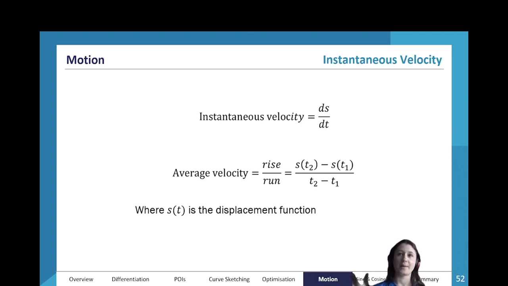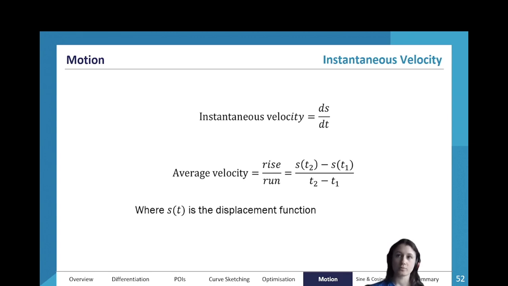You maybe slow down a little bit in the middle, and then right at the end, you go as hard as you can. You go as fast as you can, because you're expending the last of your energy. So your instantaneous velocity is changing over that time. You're going faster to begin with, slowing down a little bit in the middle, and then going as fast as you possibly can right at the finish line.